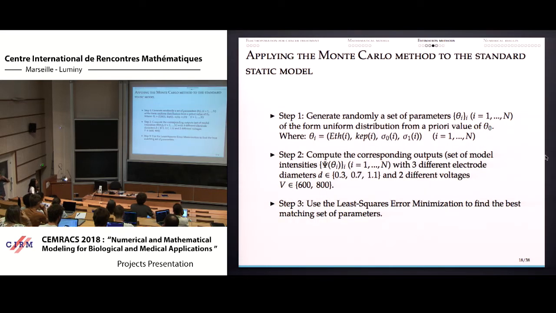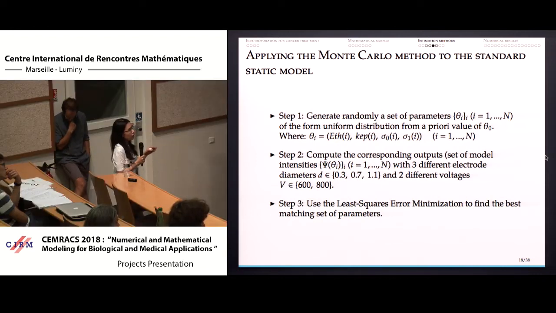Applying the Monte Carlo methods to the standard static models, we have 3 steps. The first step, because we don't have much information on theta, we just know the 4 parameters, threshold, gap, sigma zero, and sigma one, are positive, and that's all.